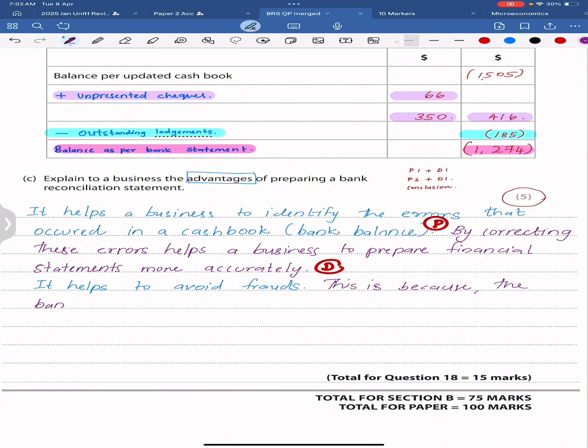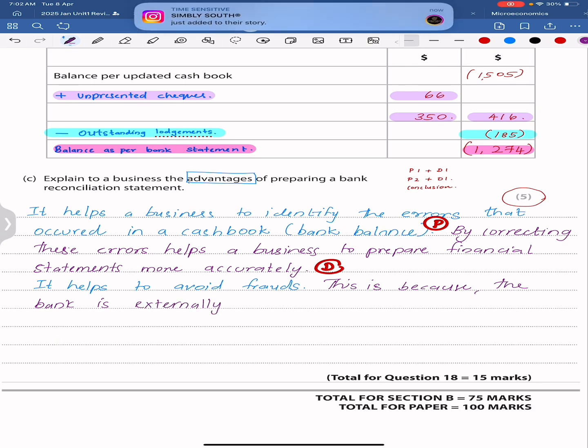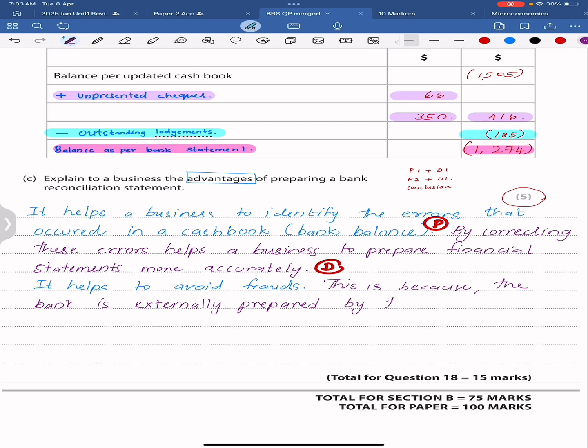So I had taken here, it helps to avoid frauds. Adding a development point to this will be, this is because the bank is an external party who prepares the bank statement. Therefore, it's easier for a business to figure out if the accountant has made any fraud. Employees can make frauds, so you can identify the frauds.